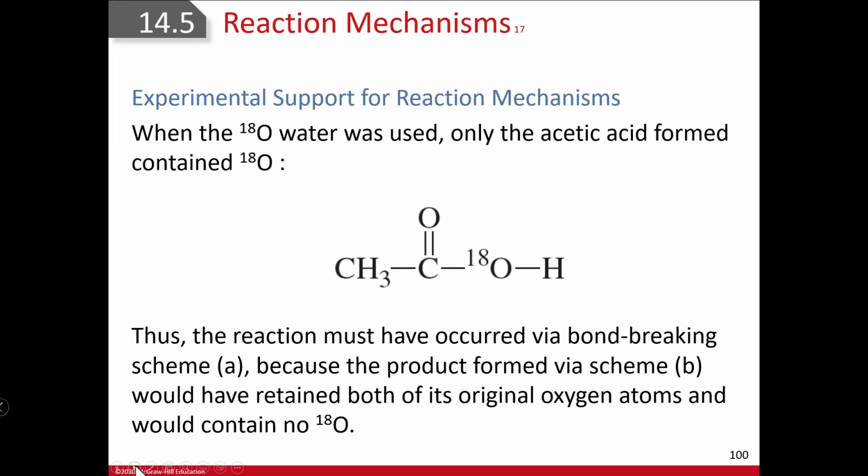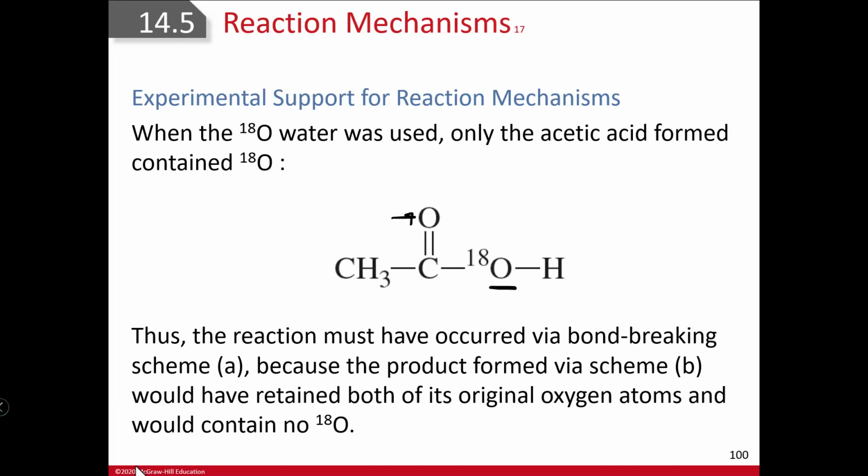So how do we know? Well, we use an isotope of oxygen that is different than this oxygen, and we follow what happens to this oxygen. All right, so that's how we're going to determine reaction mechanism.